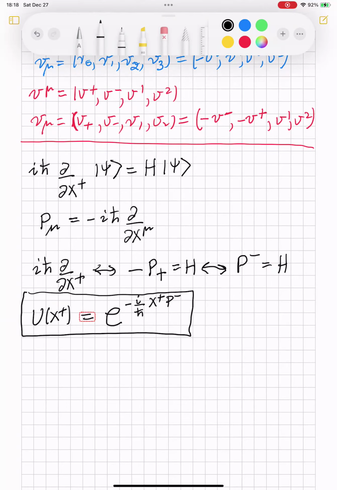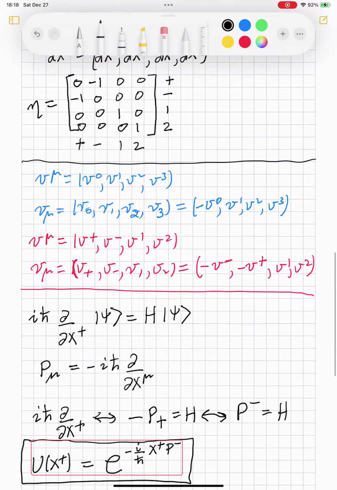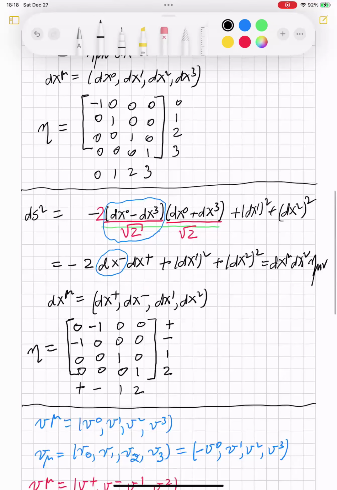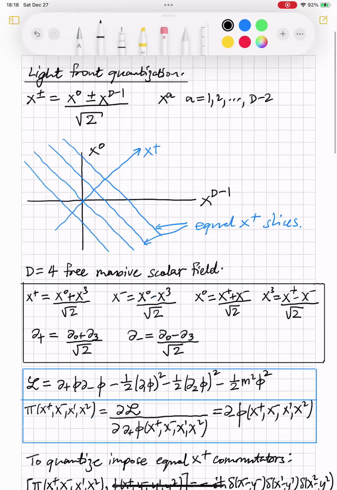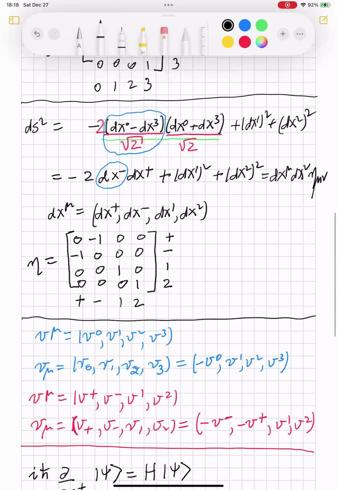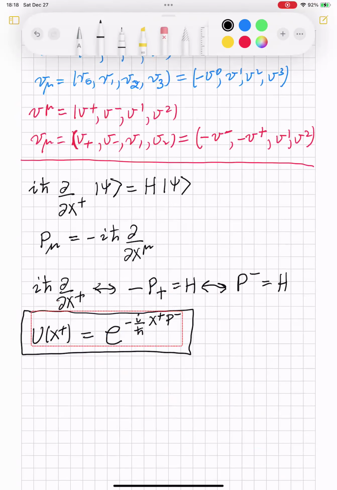It's a unitary operator. It would map us between our equal x plus slices. This again tells us that these Hilbert spaces for each x plus slice are equivalent. We can identify all of these Hilbert spaces, and then we're left again with a single Hilbert space in which the dynamics in the light front happens.